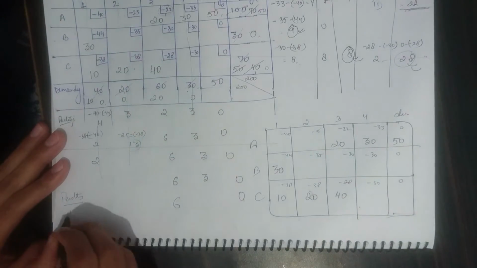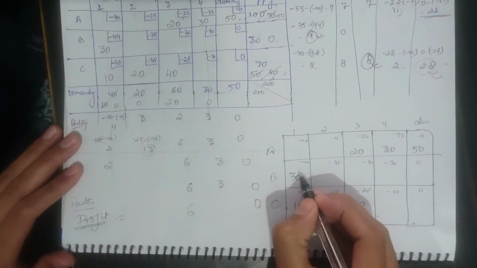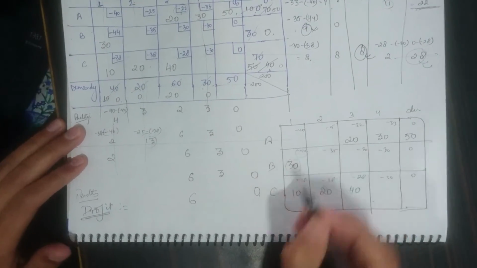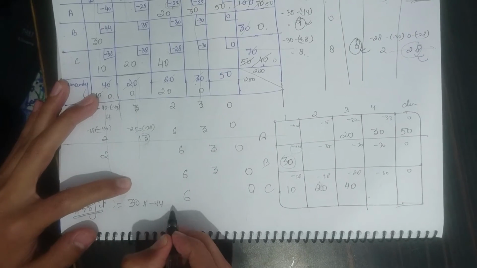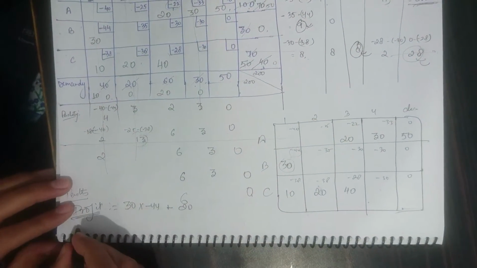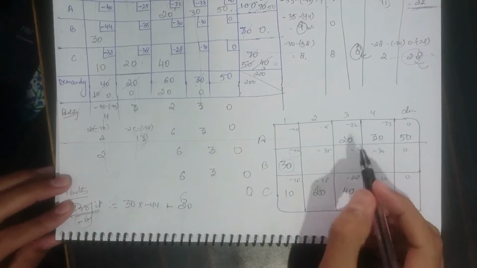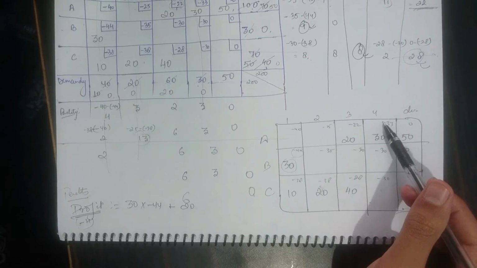Now the profit is, you multiply these two. 30 into minus 44, and you add them all. Now this will come out to be negative, because you have already converted the matrix into negative form.